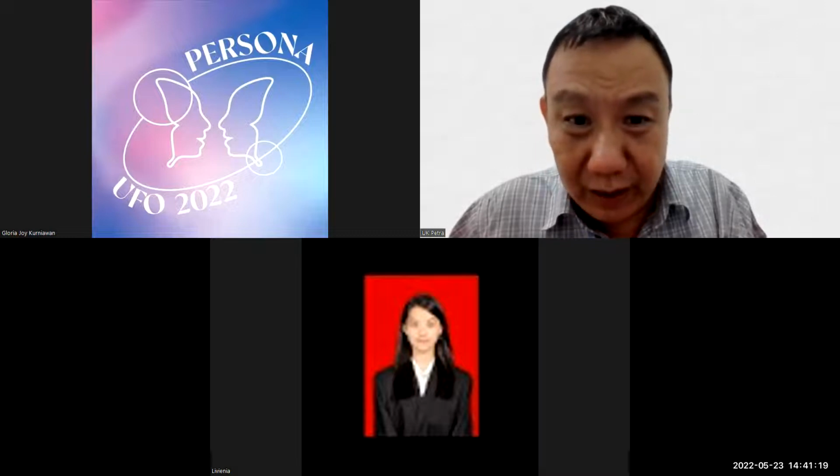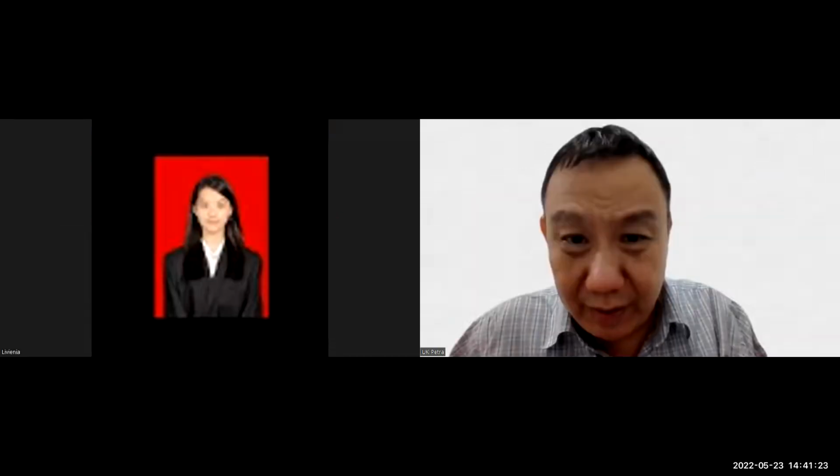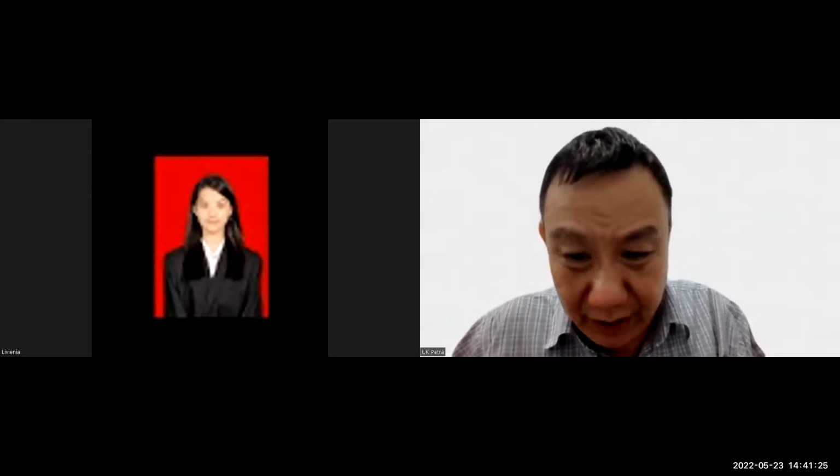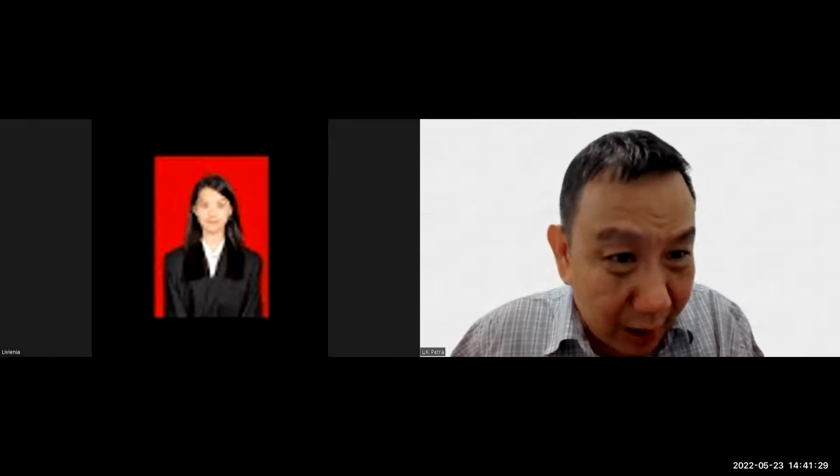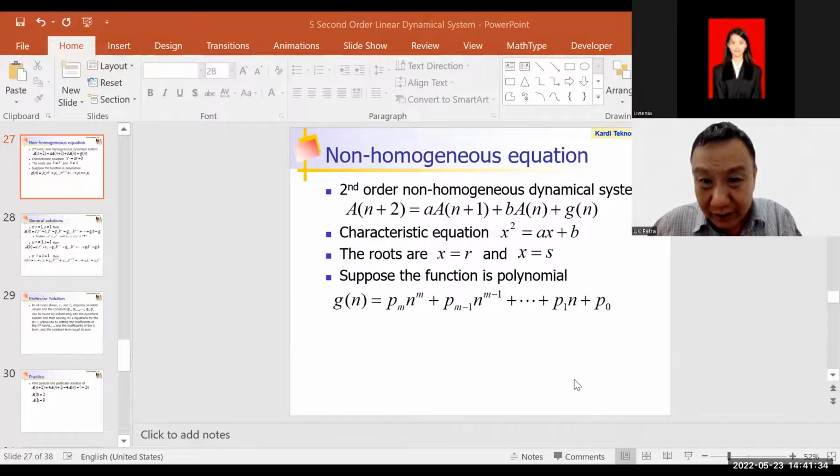In the second order a while ago, we have Gn. Can I show it back? When you have non-homogeneous like this, Joy was asking when I should use this.